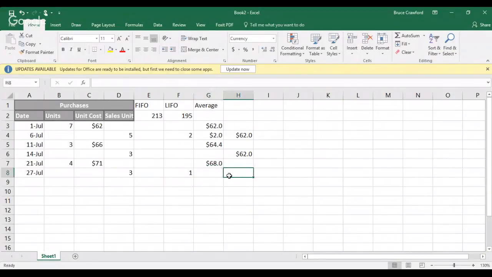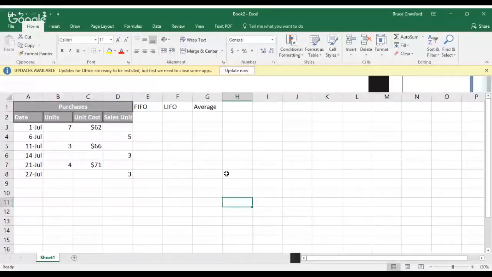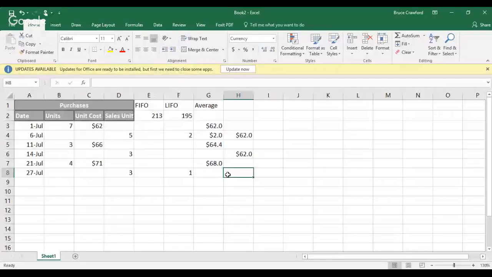So now we have an average cost in our 6 units. And of course, we're going to sell 3 of those. And I'm not going to calculate the average cost of those 3 units.